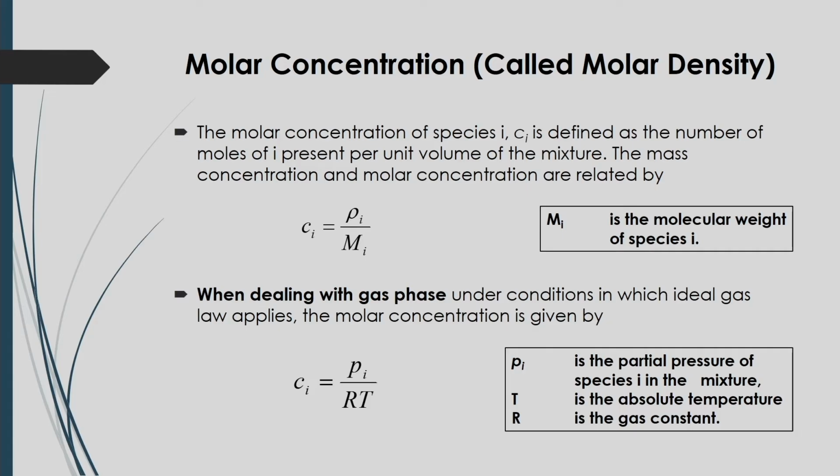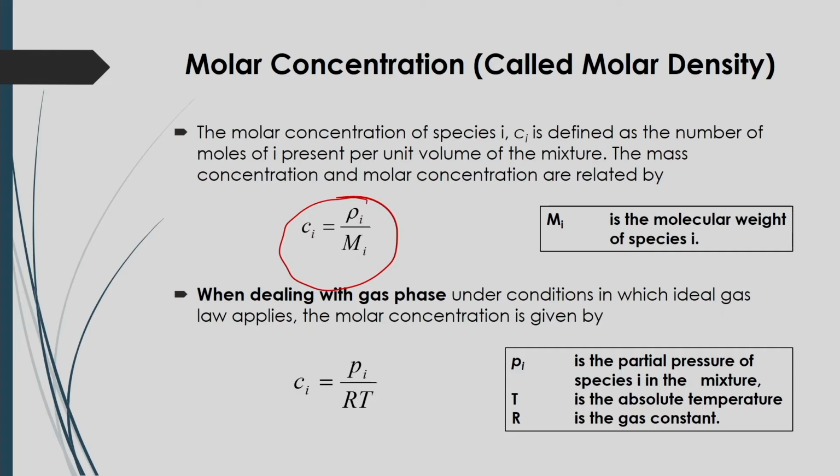Then the mass concentration and molar concentration can be related by this equation: c i will be equal to rho i divided by capital M i. Here capital M i is the molecular weight of a species, and rho i is the mass concentration, that is mass per unit volume.